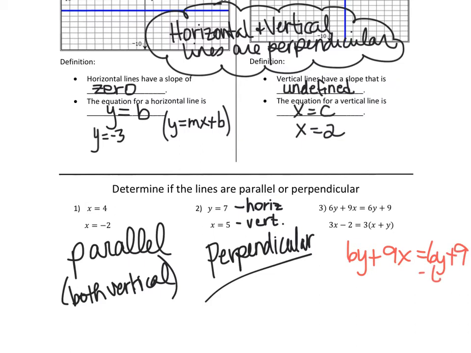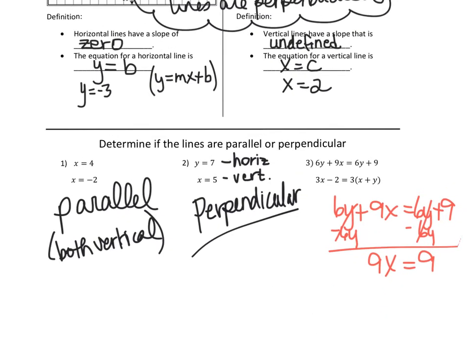So if I subtract 6y from both sides of my equation to get them all to the same side, I end up with 0 equals 0. I mean, the y terms both cancel out, is my point. So I have 9x equals 9. So I guess I'm solving for x because there's no y left. It canceled out. Therefore, we're going to divide both sides by 9, and we get x equals 1. So that would be this equation.